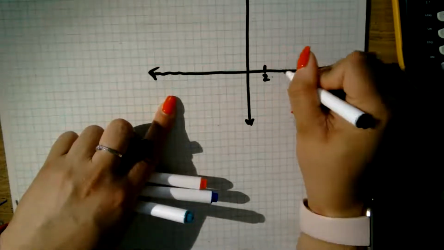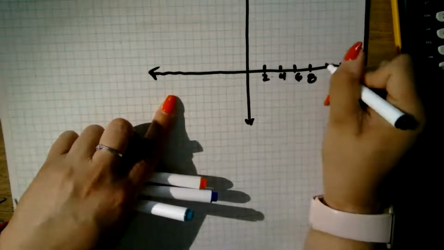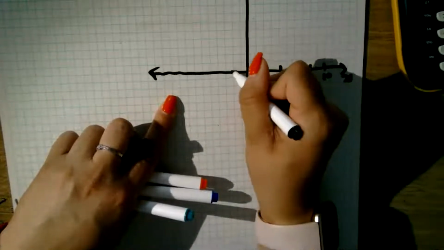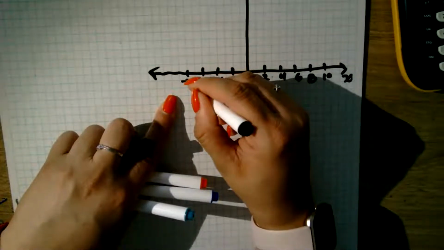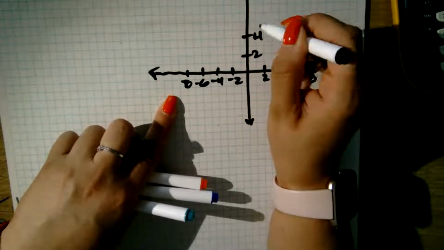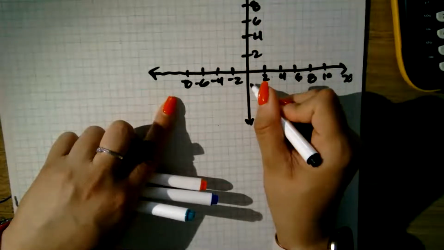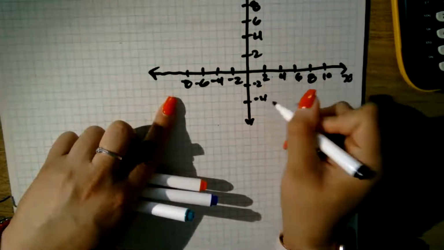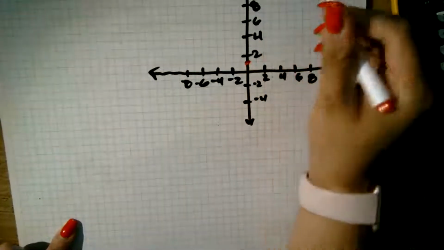So 2, 4, 6, 8, 10, negative 2, negative 4, negative 6, negative 8. I'm going to graph just my basic function, which again, 0 corresponds to 1.